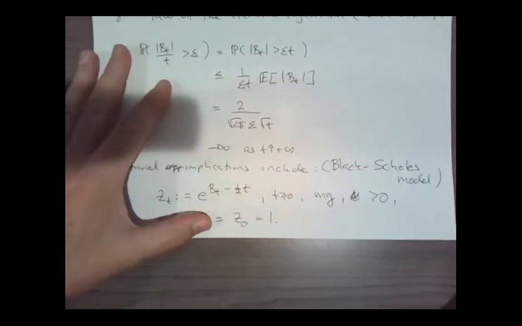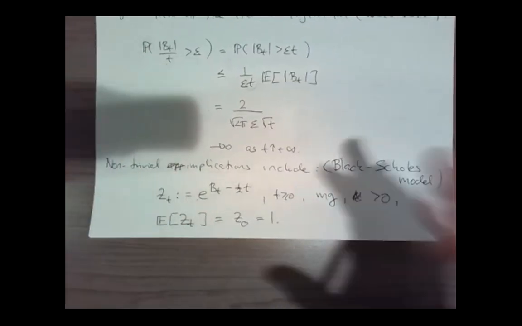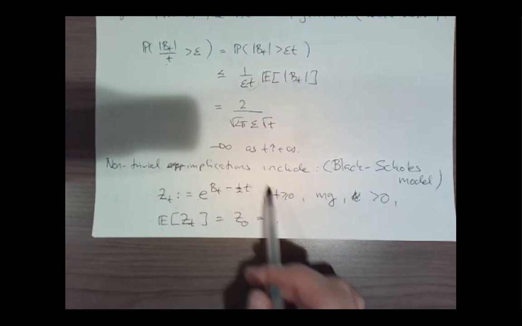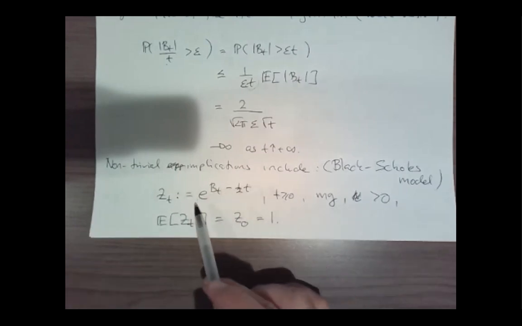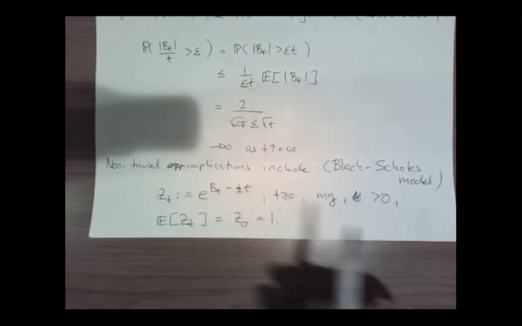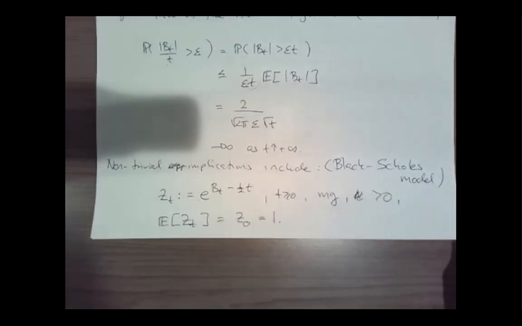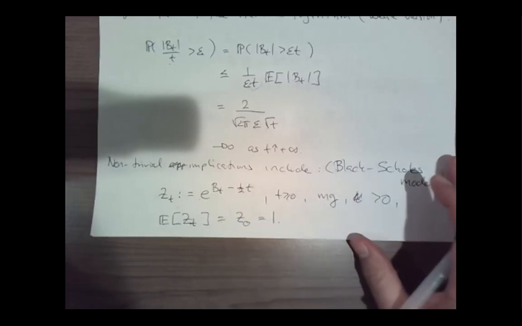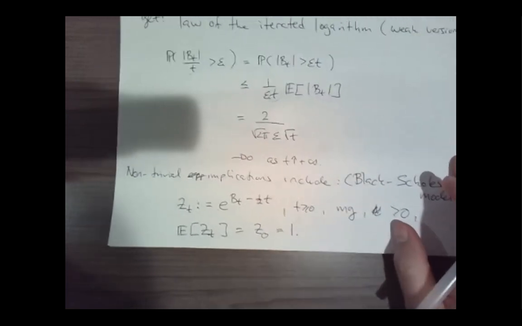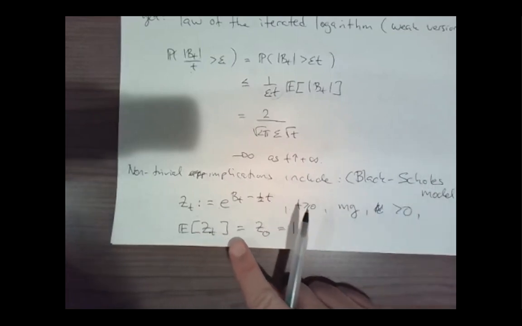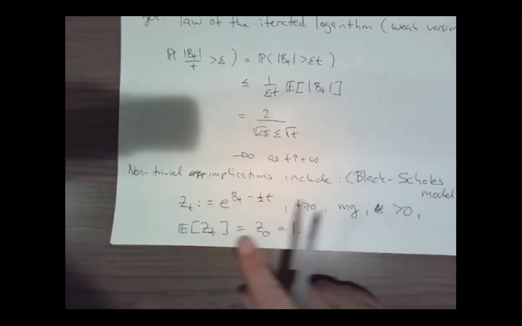That's why we're spending all this time on it. It has this particular exponential martingale, which is everywhere in the Black-Scholes model. And you have this property that it has constant expectation equal to 1.